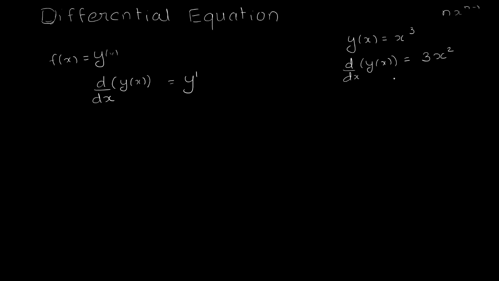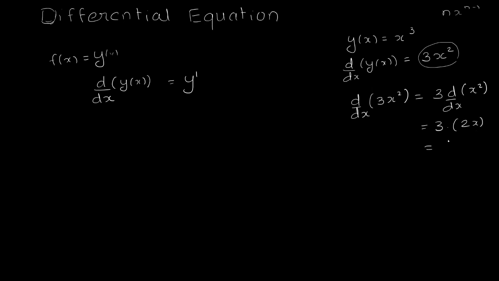Now if to this answer I differentiate again, that is, if I find the derivative of that 3x square, what will be the answer? 3 will come out, and d by dx of x square, the derivative of x square will be 2x, that is 6 into x. So I can differentiate this again.